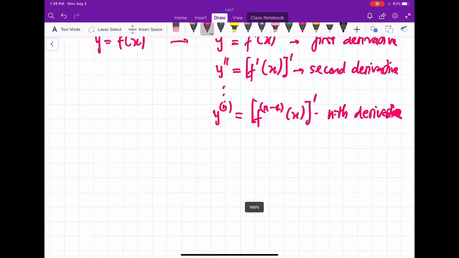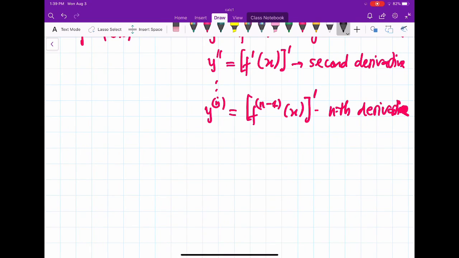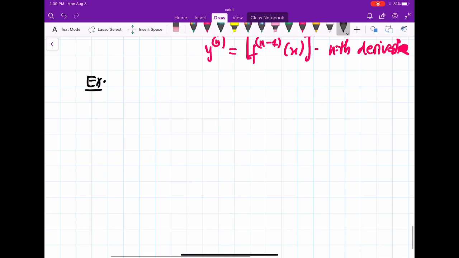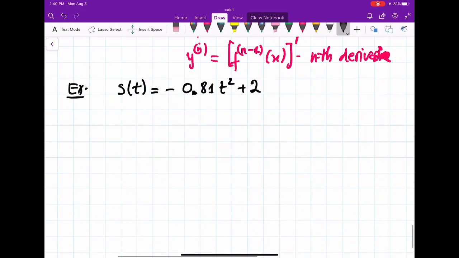Let's consider the following example, and then we finish today's video. I have the function s(t) equal to negative 0.81 t squared plus 2. I hope you still remember the rate of change problem. We might use that model.